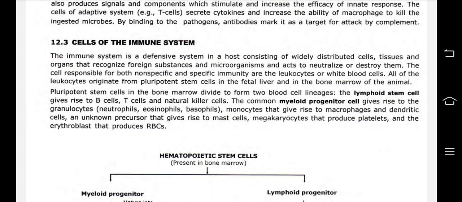The lymphoid stem cell gives rise to B cells, T cells, and natural killer cells. The common myeloid progenitor cell gives rise to the granulocytes, in the sense of neutrophils, eosinophils, basophils; monocytes that give rise to macrophages and dendritic cells; an unknown precursor that gives rise to mast cells; megakaryocytes that produce platelets; and the erythroblast that produces RBCs.